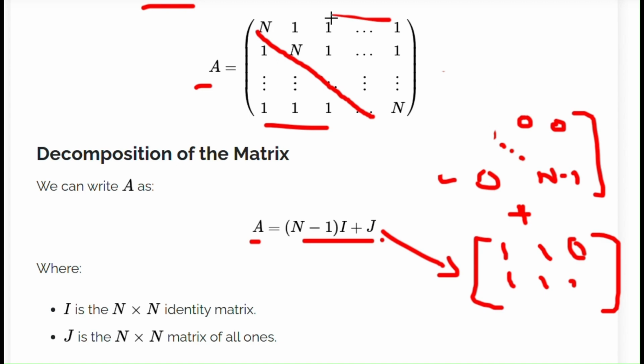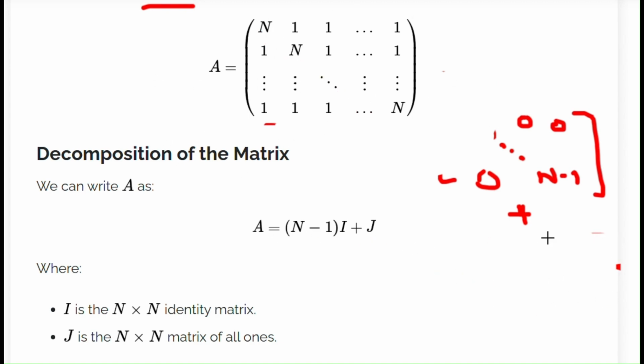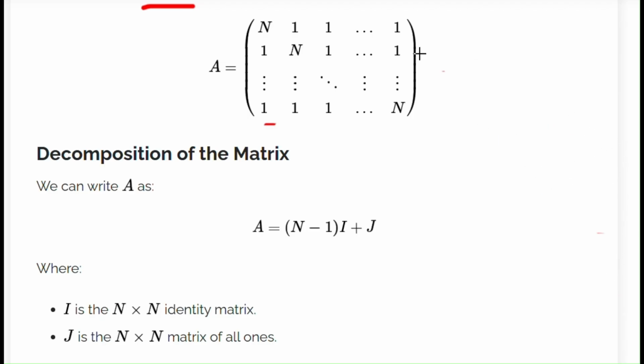We can decompose this matrix into this form: n minus 1 times the identity matrix I plus J, the matrix of all ones. The reason we decompose it like this is because we know the eigenvalues of the identity matrix, and we also know the eigenvalues of this J matrix.